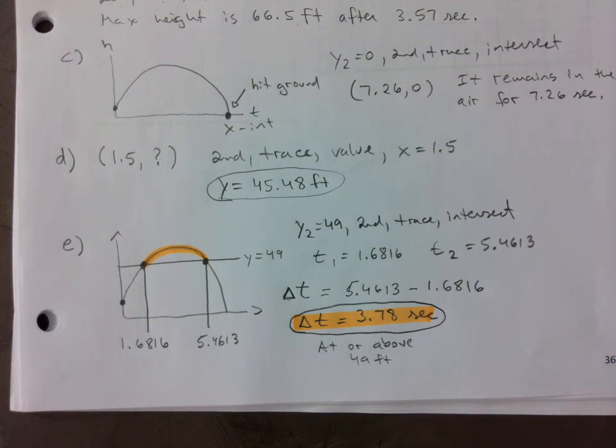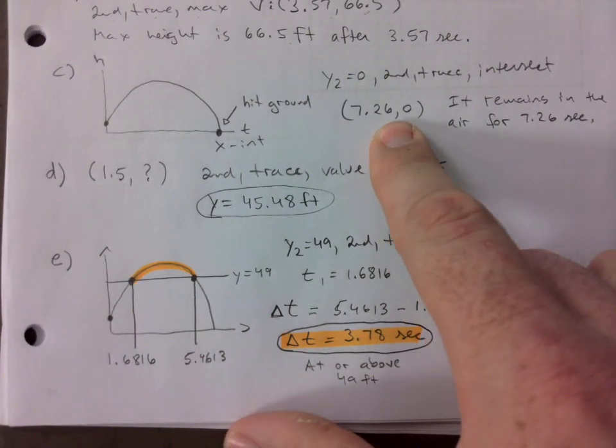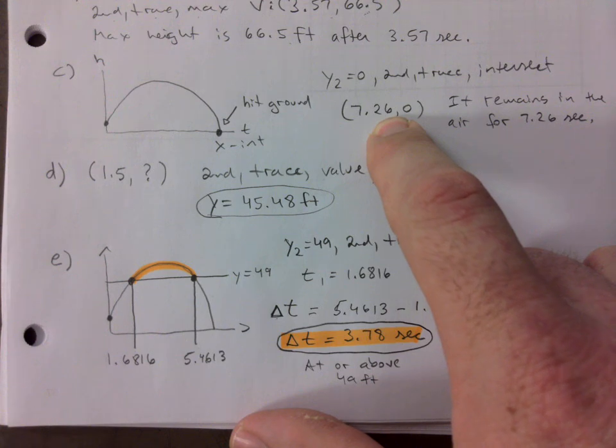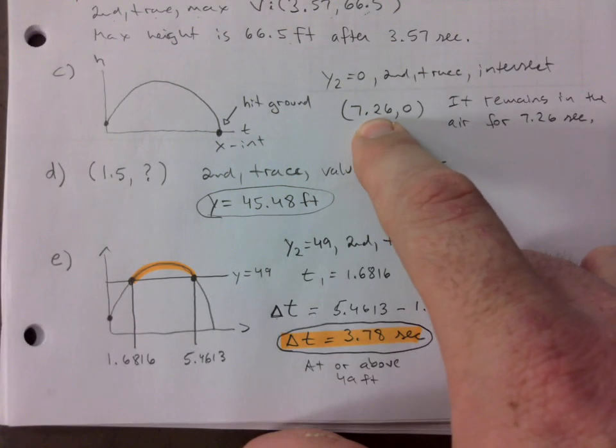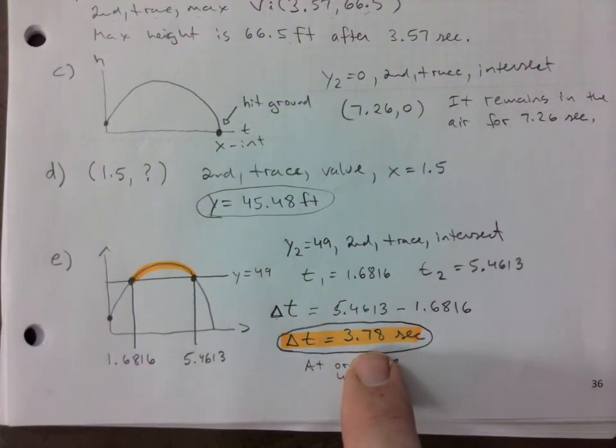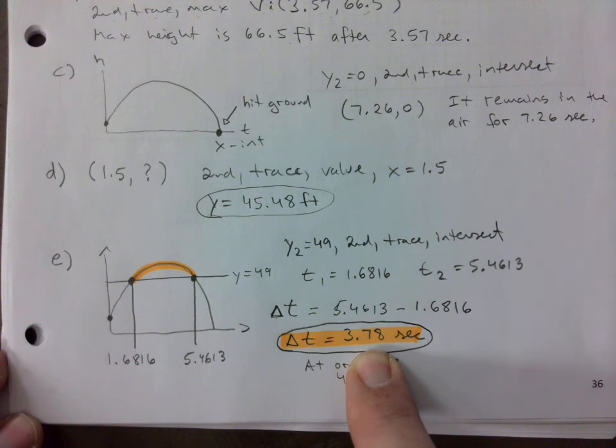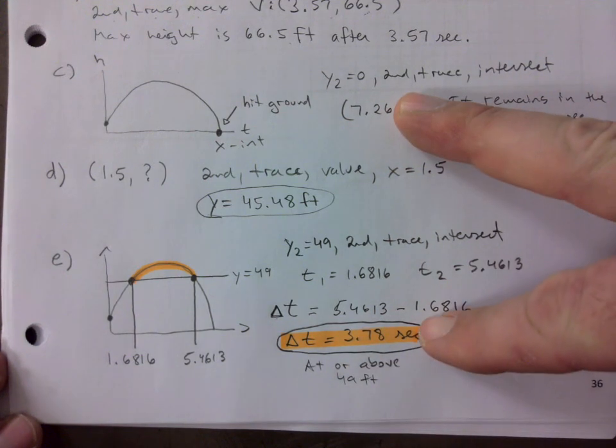What was the total flying time of this thing? We already found that above. Anybody? How much time did this whole thing take for it to hit the ground, from the time it's hit to hit the ground? And I would argue 7.26 seconds. Out of those 7.26 seconds, right, 3.78 were spent at 49 or above. Could you figure out how much time was below, knowing these two pieces?